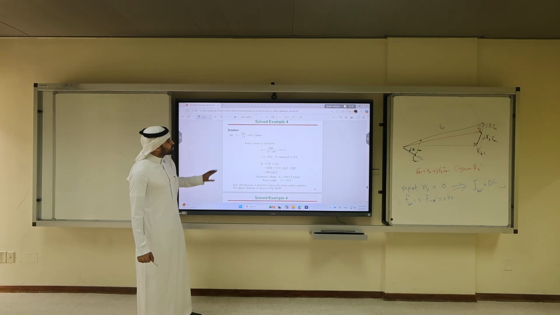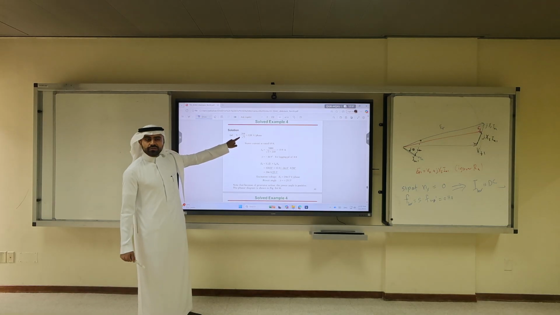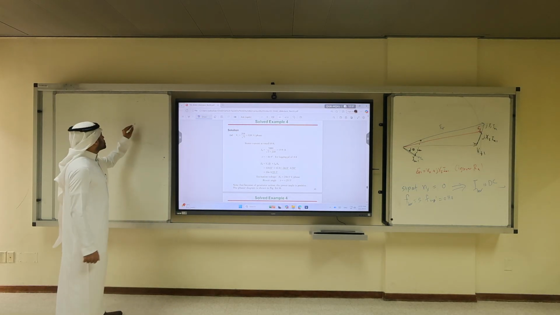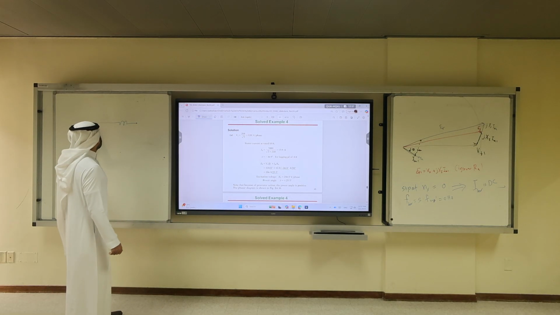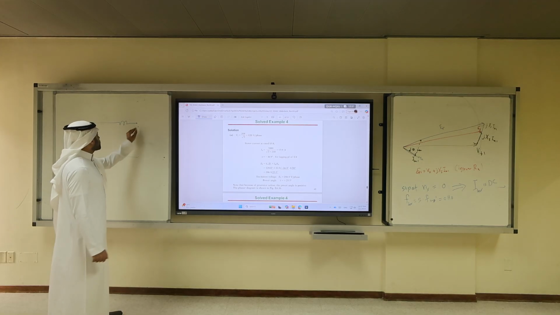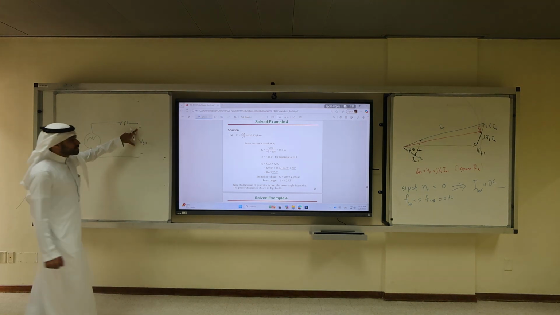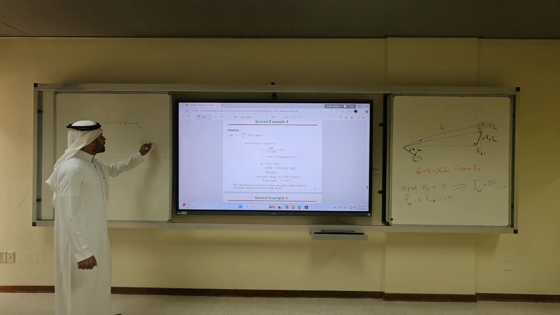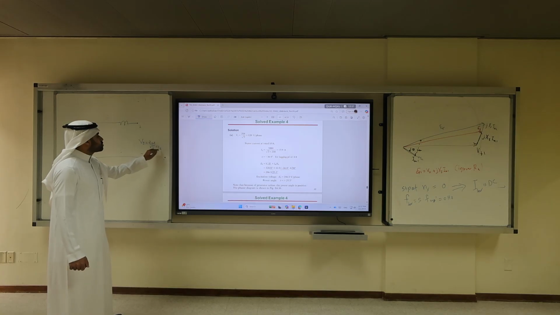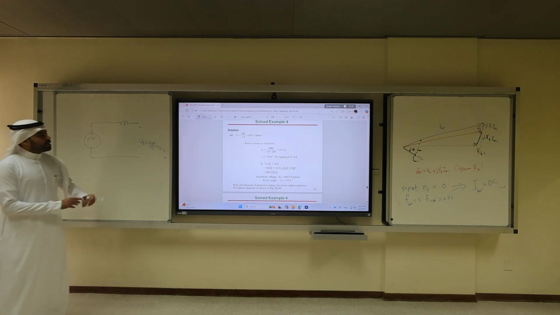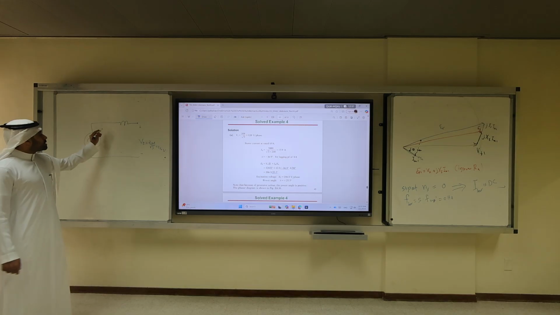To solve this problem, we have to draw the phase equivalent circuit, which implies that we have an inductor, we have our E. So here we have Vt. What is Vt? This is a phase quantity, so it will be 208 over square root of 3, which is 120 volts. Ia, is this a generator or motor?